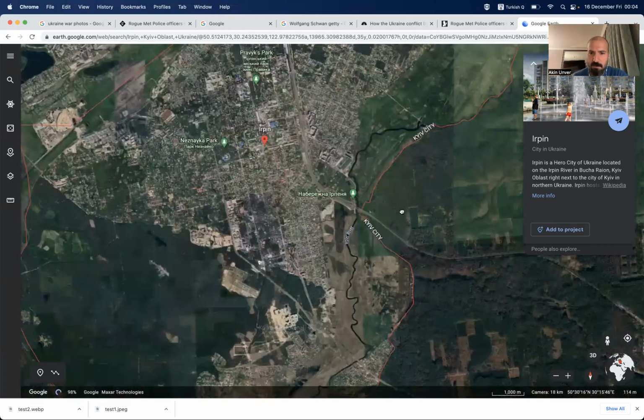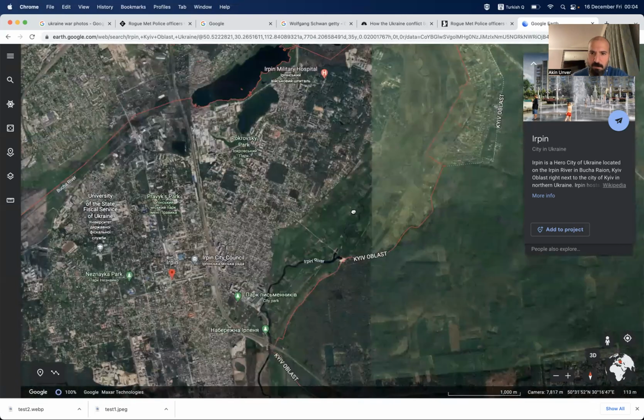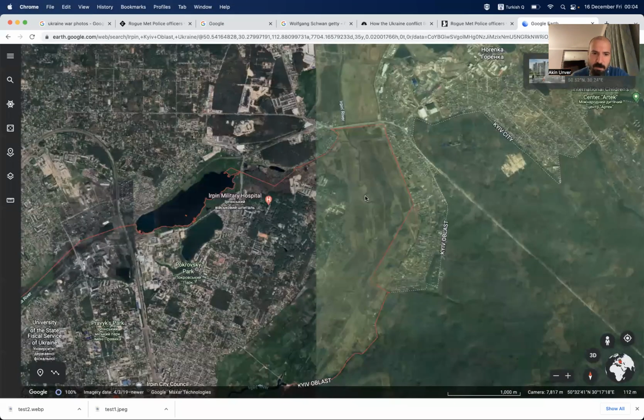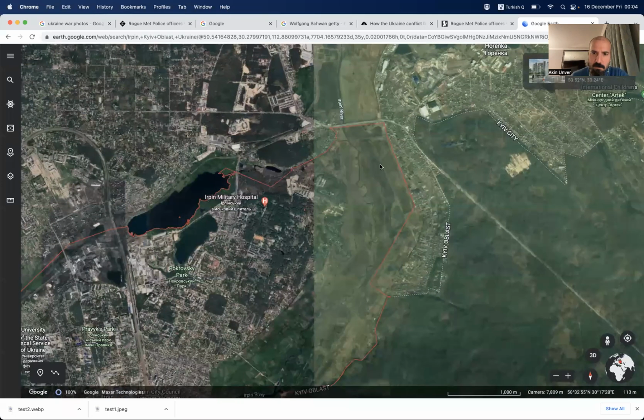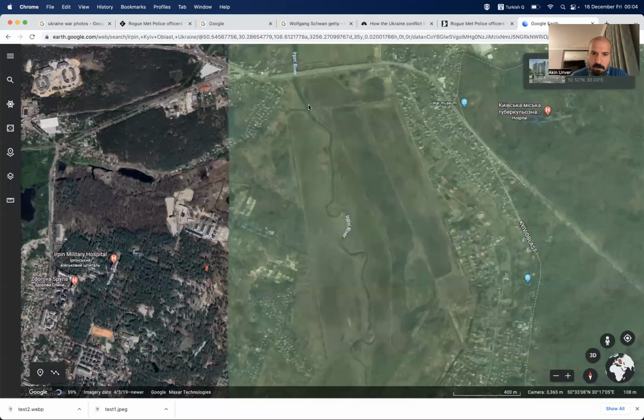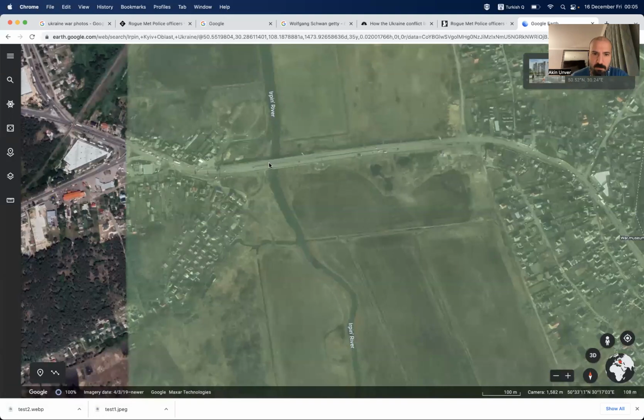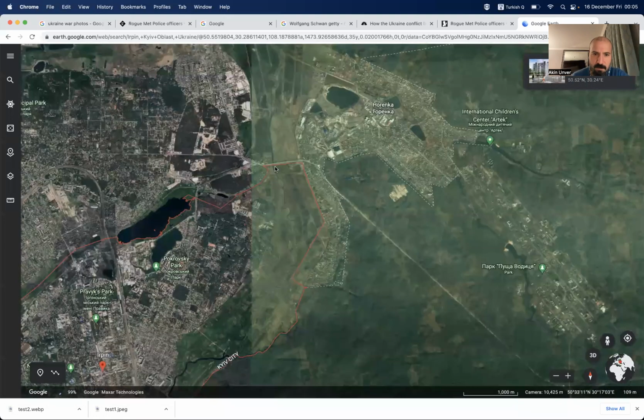So I'm basically looking at this. Any collapsed bridge in Irpin would be somewhere that should start somewhere. So this could be the collapsed bridge.